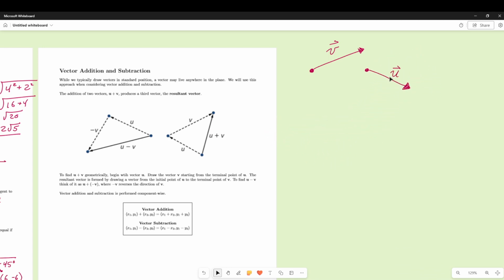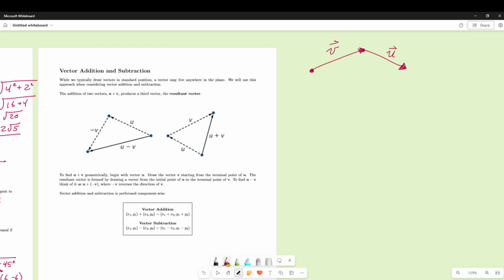So I can, if we want to, place it so that the initial point of u is at the terminal point of v. This is often called the head-to-tail method. The tail of this vector is pushed onto the head of that vector.